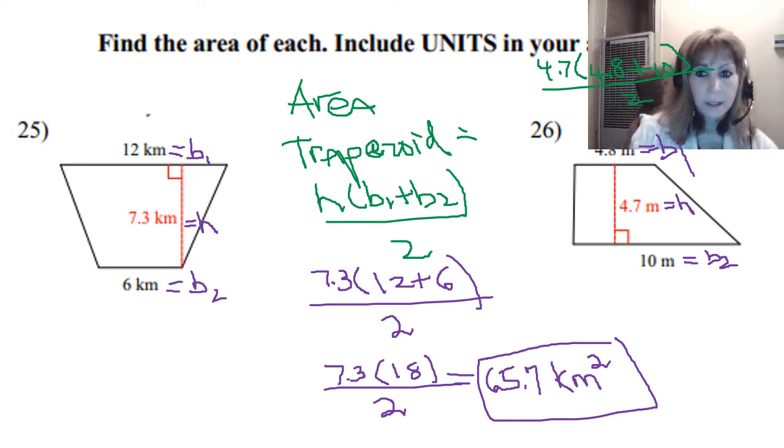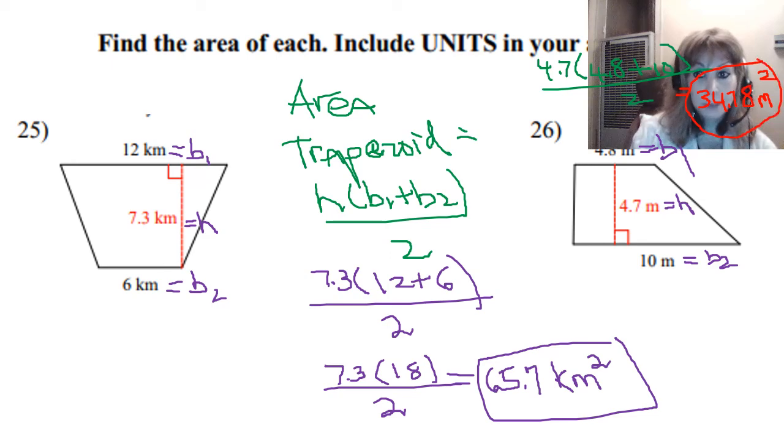And so you're going to add 4.8 plus, I'm running out of room, plus 10. You get 14.8 times 4.7. Divide by 2. And you get 34.78, and that would be meters to the second power.